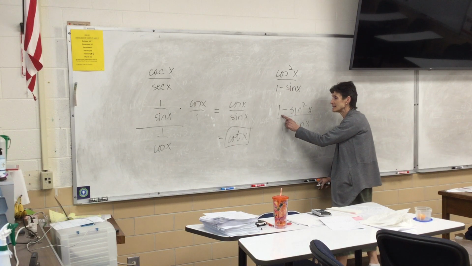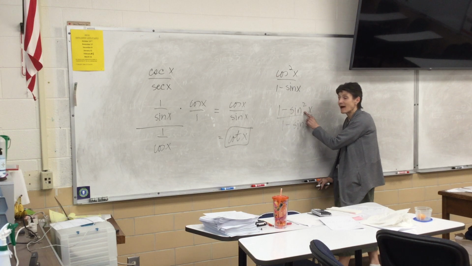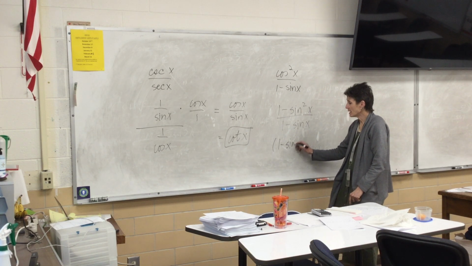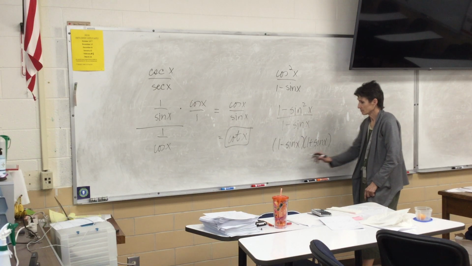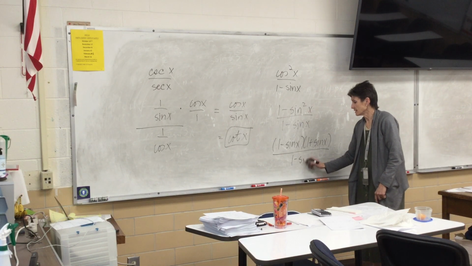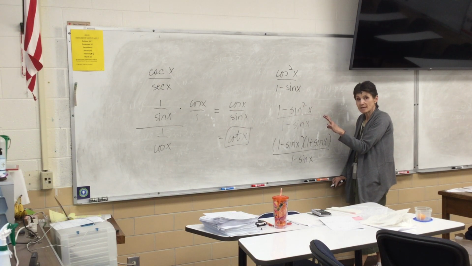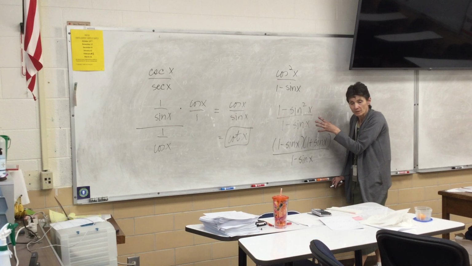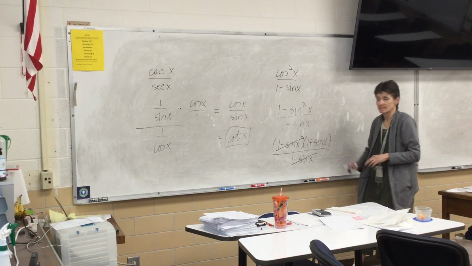Now I have the difference of squares. This factors into 1 minus sine and 1 plus sine. And the denominator is 1 minus sine. Now remember, at this stage of the game, there's nothing to cancel because you can't cancel parts. All you can cancel is whole parentheses.